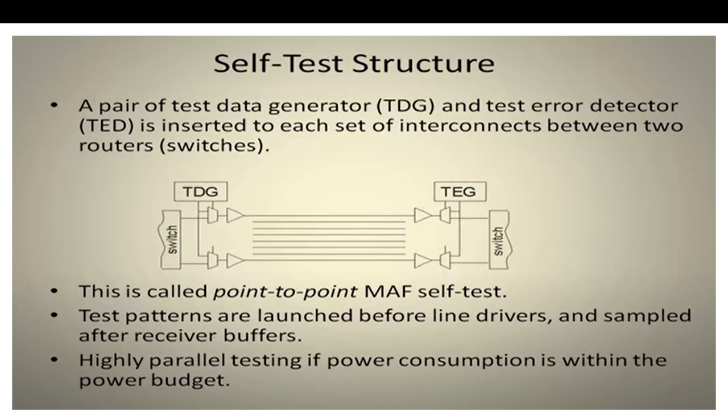Self-test structure: a pair of test generators. This is the TDG, the test data generator, and the test error detector, TED, is inserted to each set of interconnect between 2 router switches. So we have a test data generator and the test error detector.